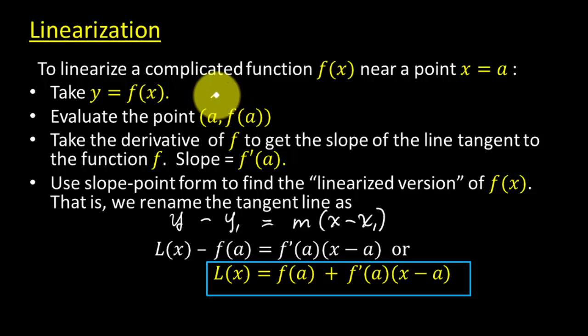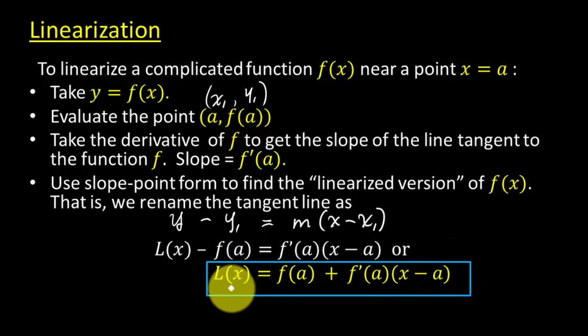Remember, this is like our x sub 1 and y1 in our slope-point form. So it's just going to be f of a equal to, what's the slope? It's f prime at a. And then x minus, what's x sub 1? It's a. And then all I did is just transpose f of a to the right-hand side, and there is our linearized version of a complicated function.